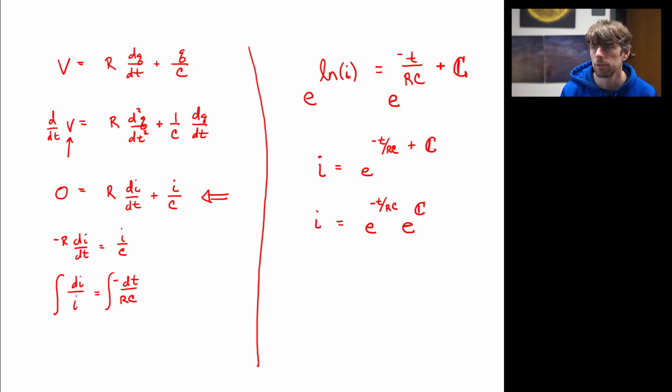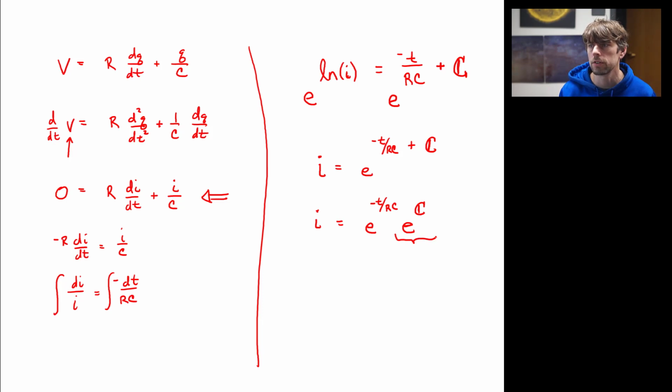Now here we'll just play a little, I don't want to say trick, but this is kind of how we'll do it. C is a constant, but e is also a constant. So taking a constant and raising it to a constant is just a constant, right? I'm just going to lump it all together. I don't really care what the value of the integration constant is. I care about the coefficient out in front. So let me relabel this.